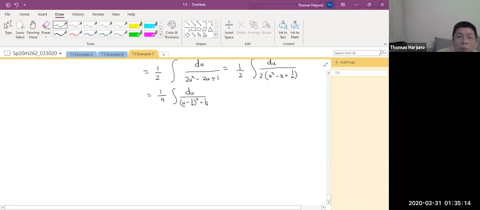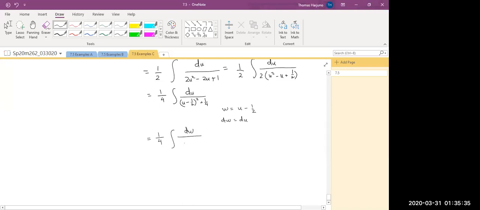Okay, then from here we can do another u-sub. Let's say w equals u minus 1/2, so dw equals du. I really wish, if possible, to skip that step. Can't you just use the memorized integral of the tangent inverse?